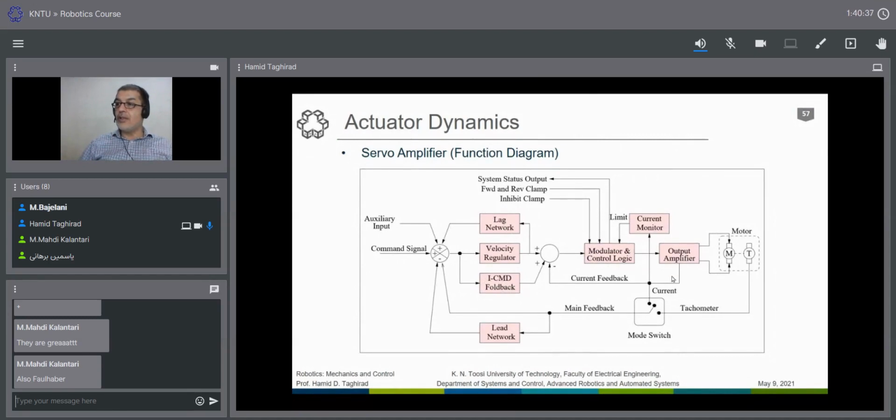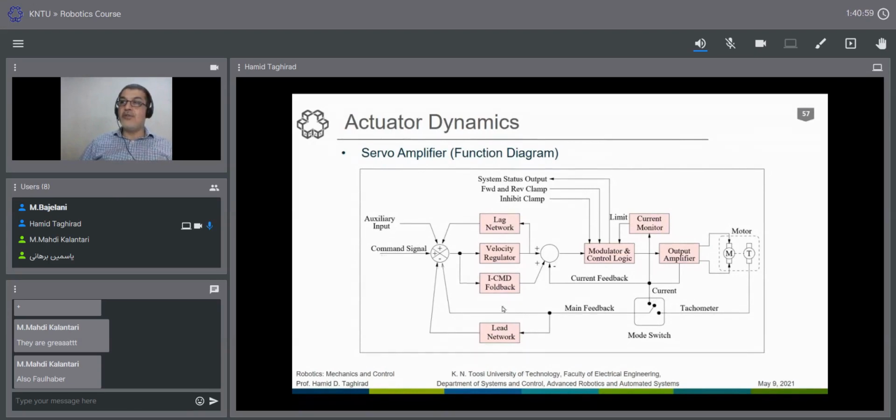As you see, the current feedback comes in here. Also, the tachometer comes in here, depending on which switch we have, current or velocity. We have a command signal. If we are in the current mode, the command signal is the torque required. If we are in the velocity mode, the command is the velocity that we require.